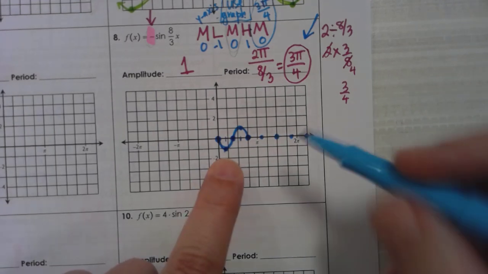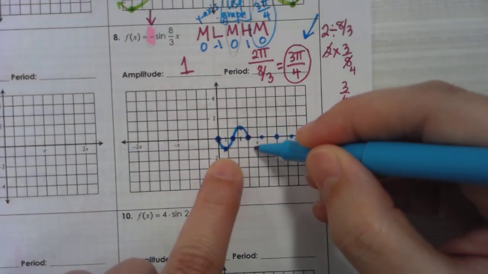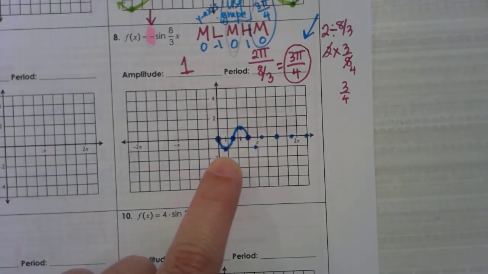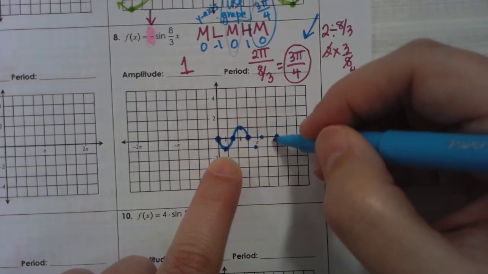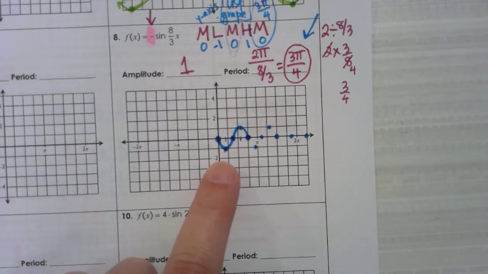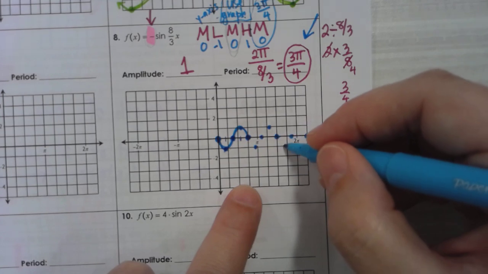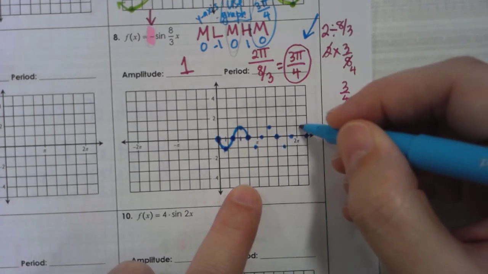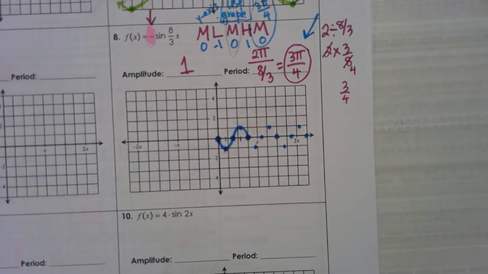And then between the first two dots, we had a low point down here at 1, not quite on the line. And then between the next two dots, halfway between those, we had a dot up at the top. And then between the next two dots, we had one down at the bottom. And between the next two, we had one that goes up.